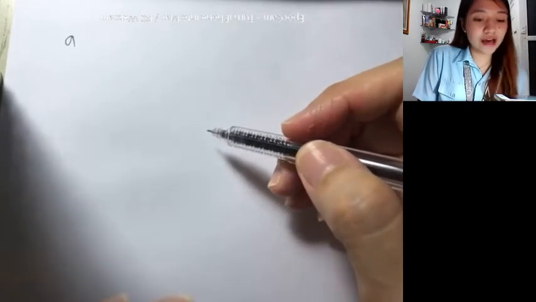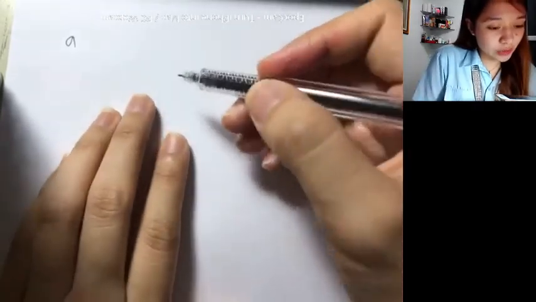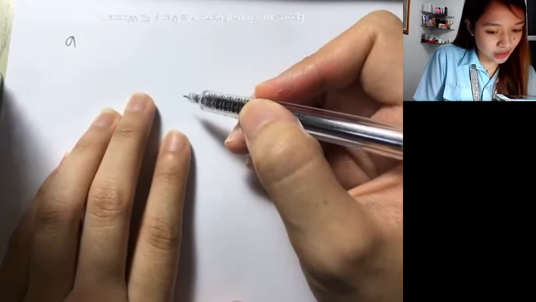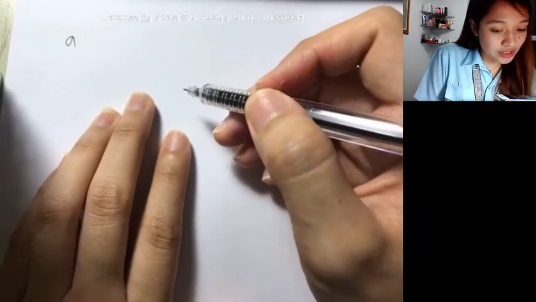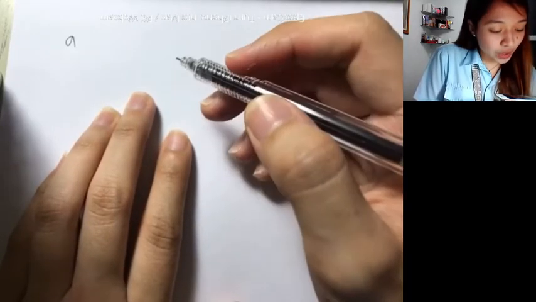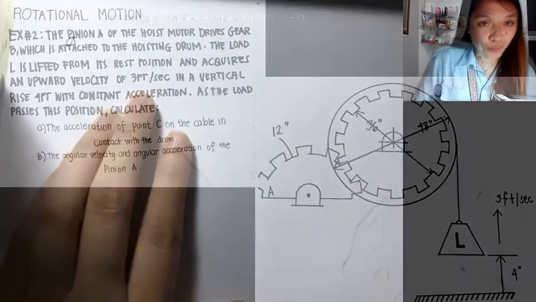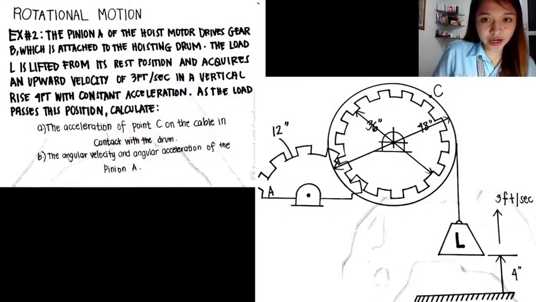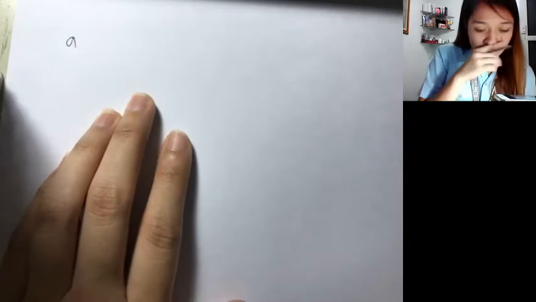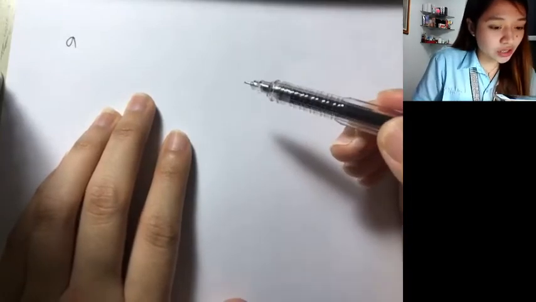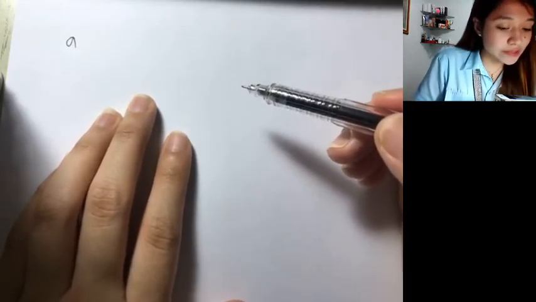We also have the tangential velocity, denoted as v, and the tangential acceleration, specifically at point C. So where is point C exactly? It is located upward here. So the normal and tangential components of the acceleration of C is the solution for letter A.